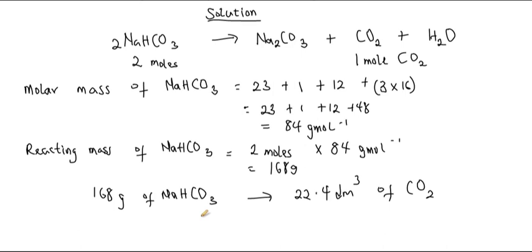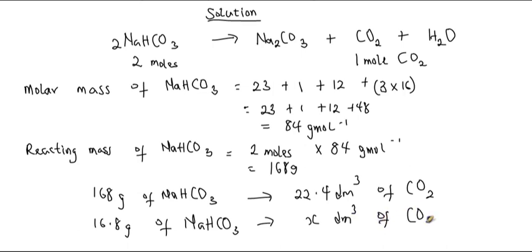What if we now have 16.8 grams according to the question? So now 16.8 grams of NaHCO3 will give off x dm cube of CO2.